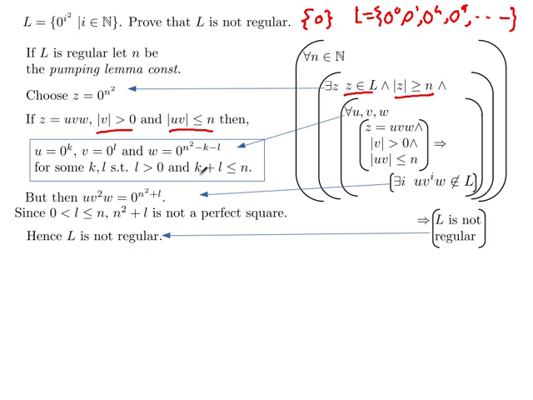So this K zeros here and L zeros here, so this K plus L is at most n, right? And since V is not empty, this L is not 0, so L is at least 1.